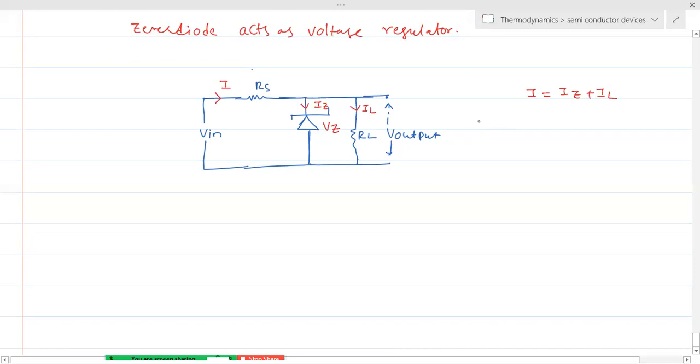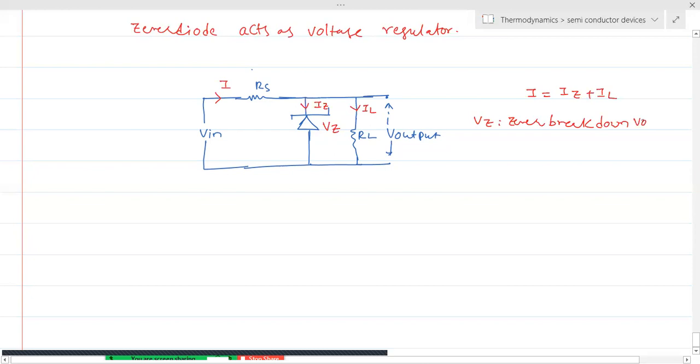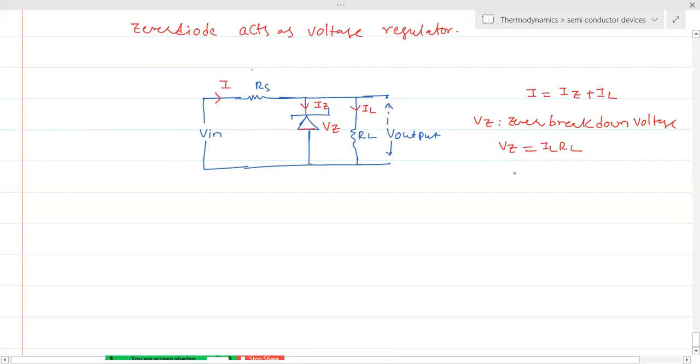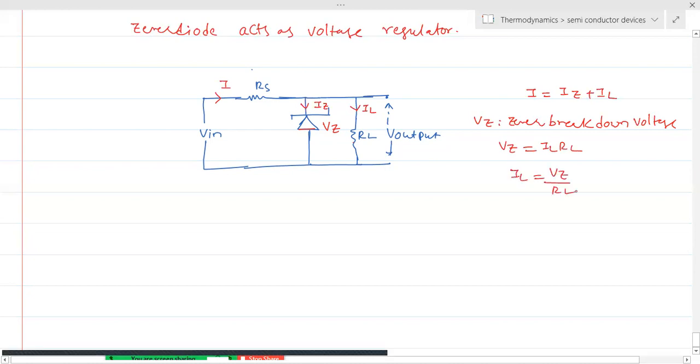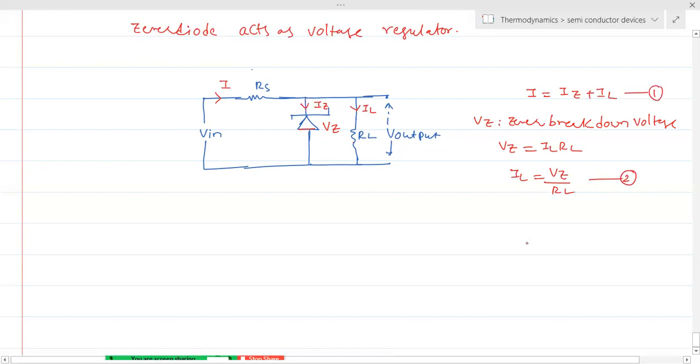The Zener diode and the load resistance are parallel to each other, so Vz equals IL into RL, or IL equals Vz by RL. This is one relation: load current equals Vz by RL.